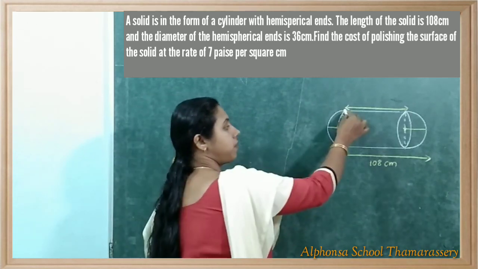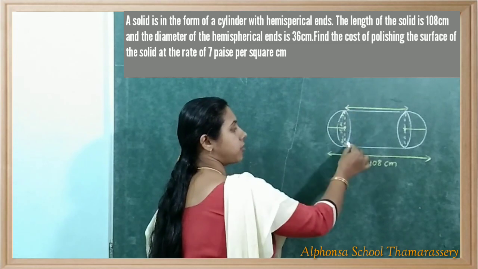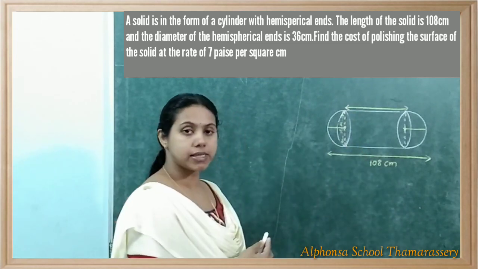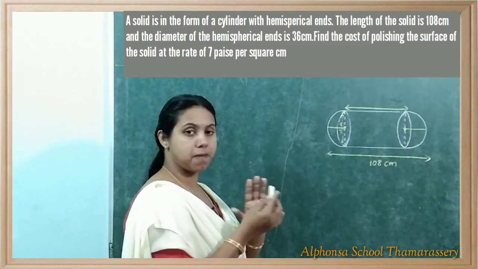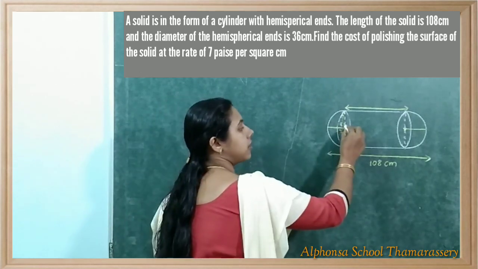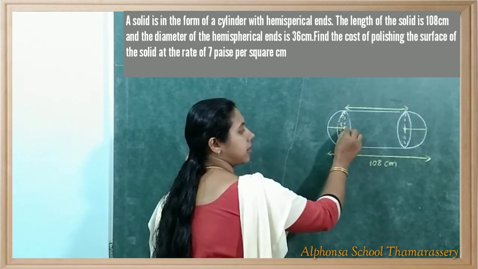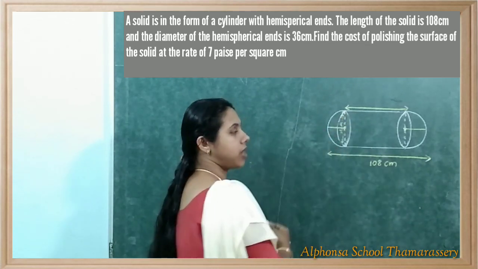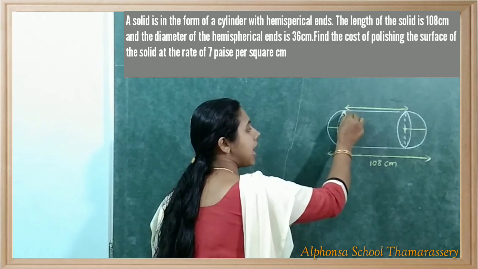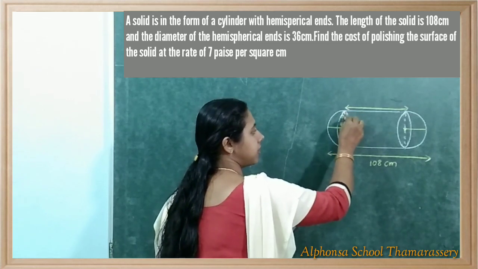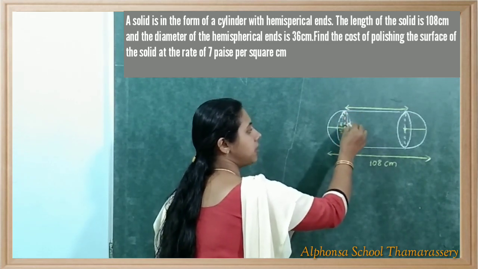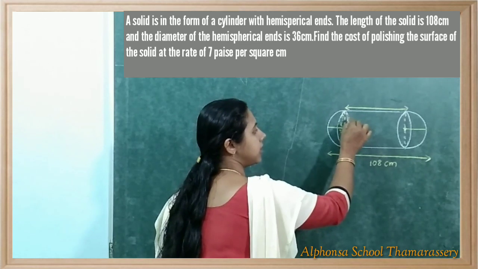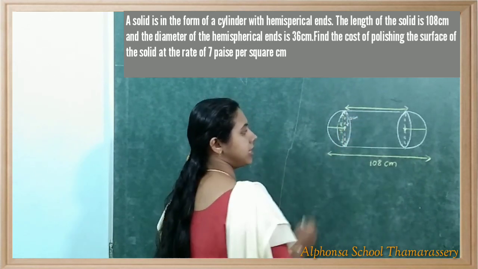The diameter of this hemisphere and the diameter of the cylinder are the same. They have the same base. So the radius of the hemisphere is equal to half of the diameter, that is 18 centimeter.